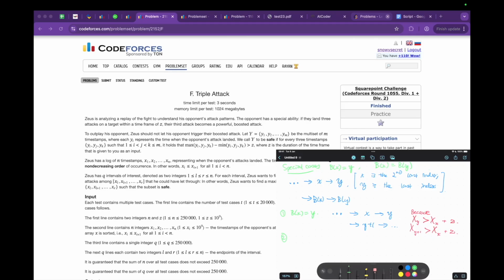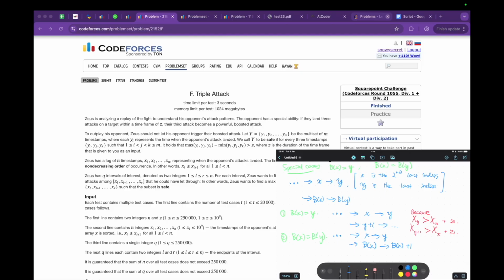The second special case is one where bx equals by. So the sequence would look like the following: x, y, and then, well, here bx is no longer equal to y, so we might as well just have bx. But then since by is equal to bx, we cannot have by here. Instead, we could have bx plus 1.